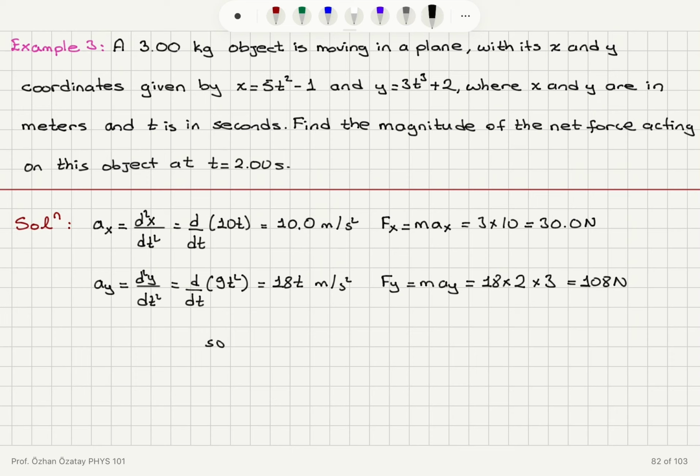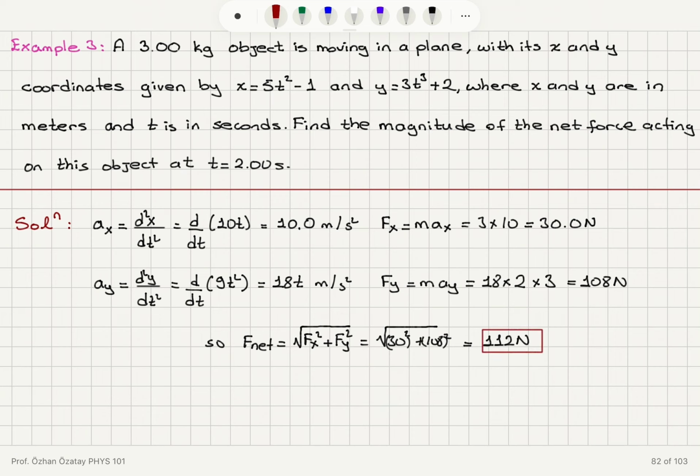So we can calculate the net force, whose x and y components we have determined, as having a magnitude square root of Fx squared plus Fy squared. That would be the square root of 30 squared plus 108 squared. So this gives us 112 newtons.